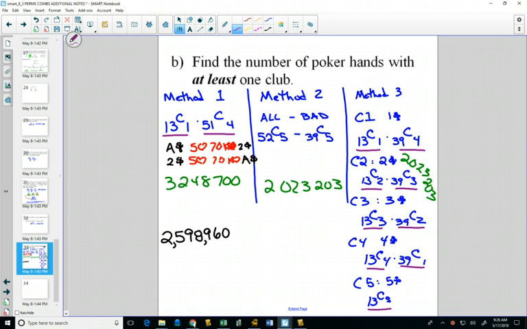But it's a hard thing to see the logic of why method 1 went wrong. Of all the methods, method 2 is probably the simplest. It's a great example of where the not strategy can be used because it's really easy to count all of them. It's really easy to count the bad ones. And all subtract the bad leaves us with at least 1 club. It's the same idea as the cases counting it directly, but it is much quicker.